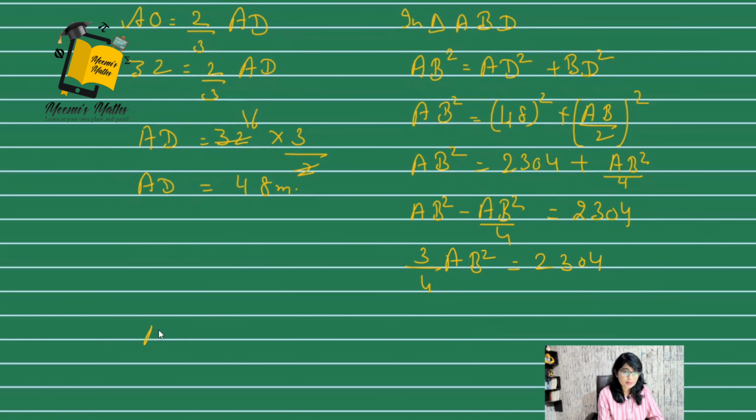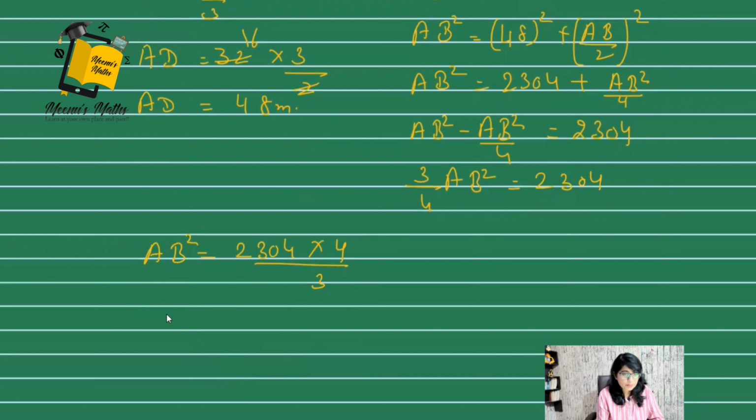I'm writing it here. AB square is equal to 2304 multiply by 4 by 3. To solve this, what am I doing? AB is equal to, if I write down, 2304 multiply by 4 upon 3 whole root.